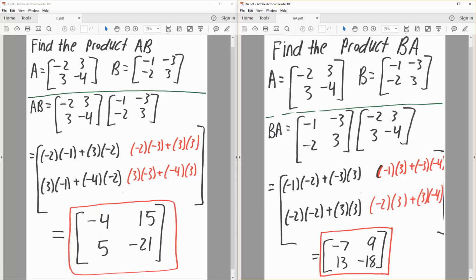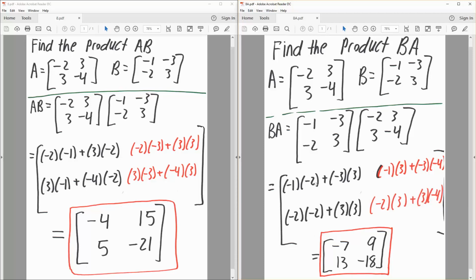Next, -2 times -2 plus 3 times 3. Recap, -2 times -2 plus 3 times 3. Lastly, -2 times 3 plus 3 times -4. Recap, -2 times 3 plus 3 times -4. And it's going to produce this element right here.